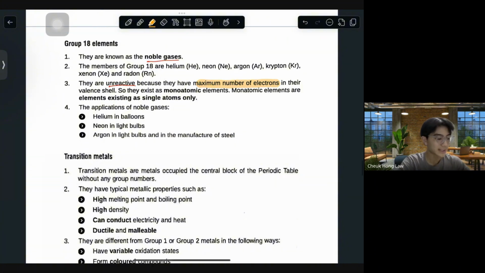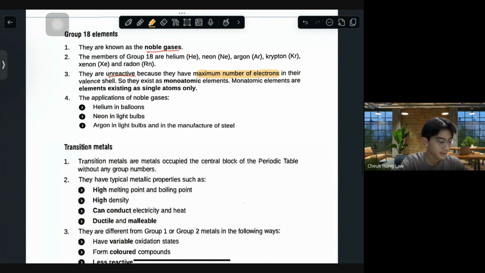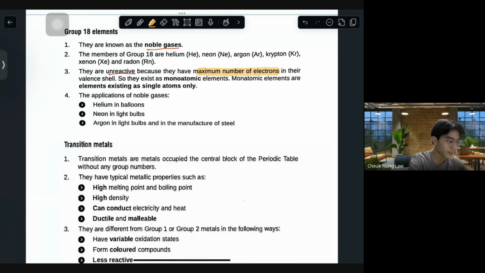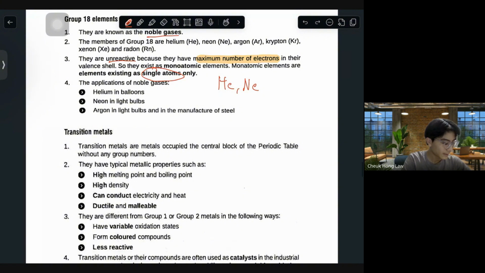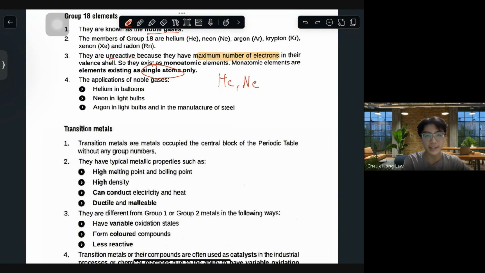They exist as monoatomic elements, and monoatomic elements are elements that exist as a single atom. So you'll see helium as just helium, neon is just neon. There won't be a two here, because it is not diatomic, it is monoatomic. Then just a few applications that you will need to learn: helium is used in balloons.